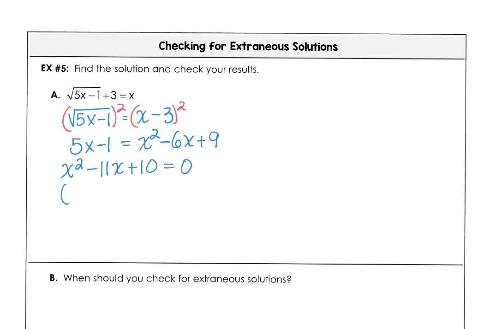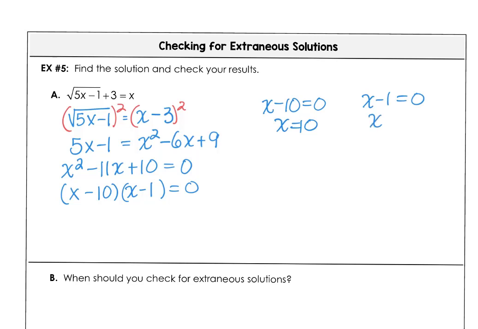And if this trinomial factors, we'll get factors of 10 that add up to negative 11. We would use negative 10 and negative 1. So x minus 10 is equal to 0 when x is 10. And x minus 1, the second factor, is equal to 0 when x is 1.